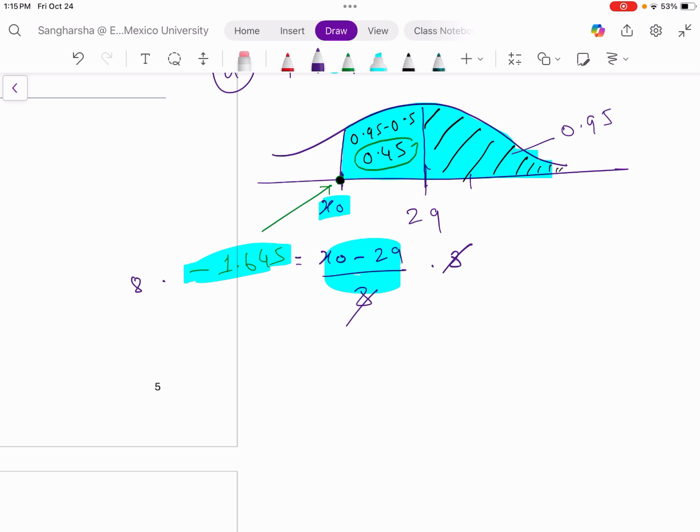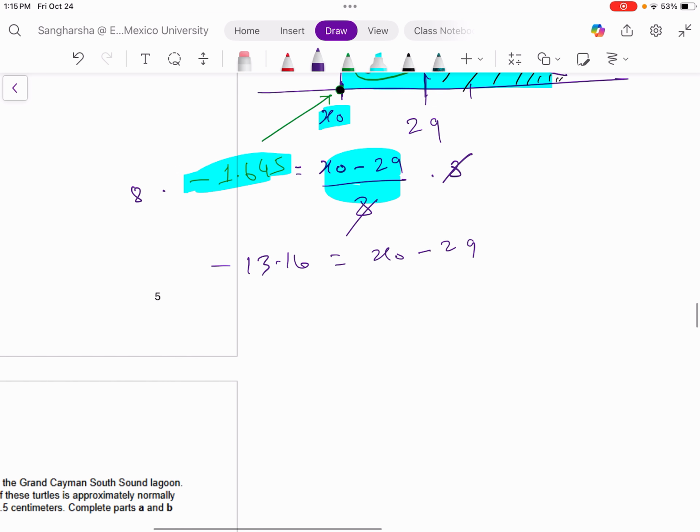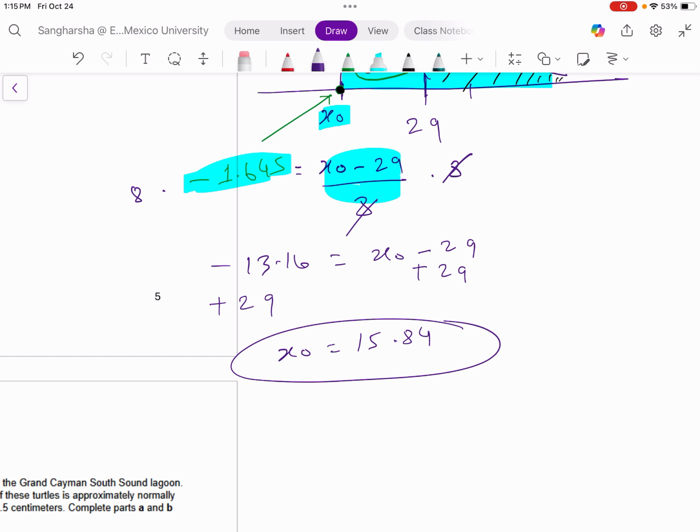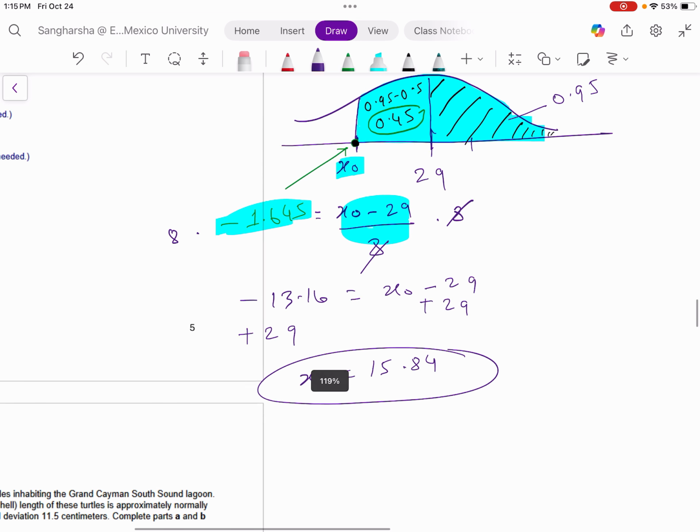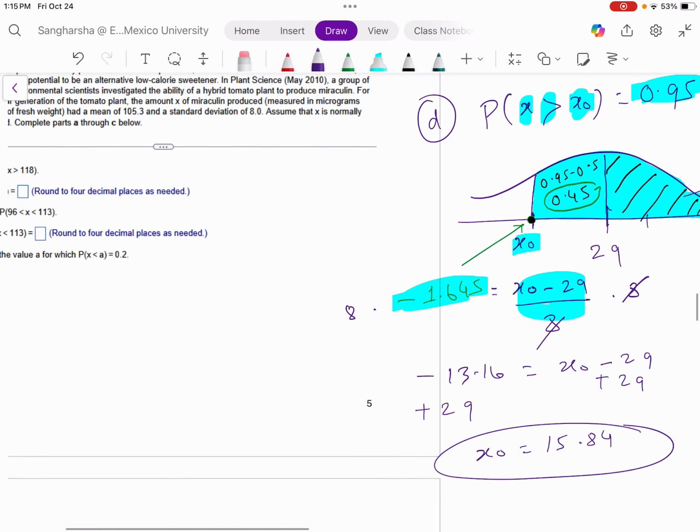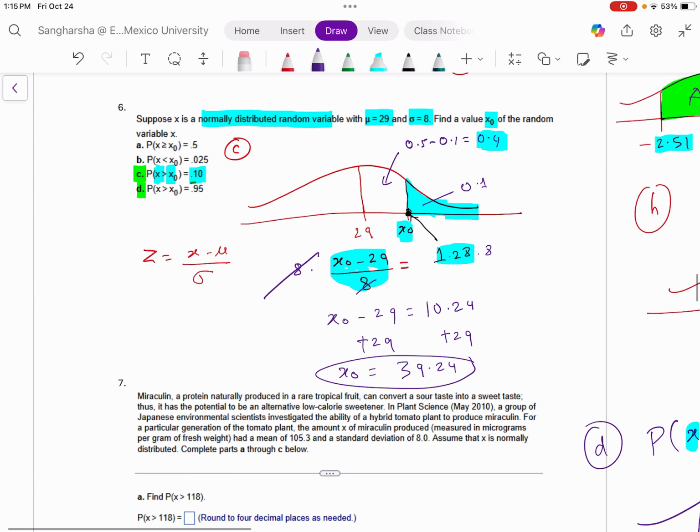So that is negative 13.16 equals x naught minus 29. We add 29 on both sides and we get x naught equals 15.84. So our x naught is 15.84. Okay, so this is for number D.